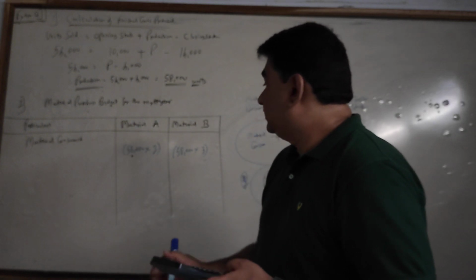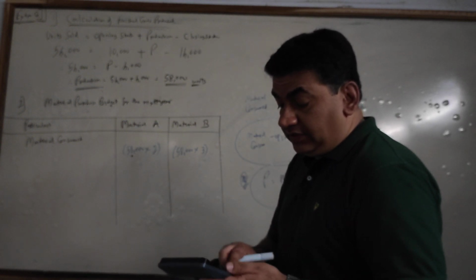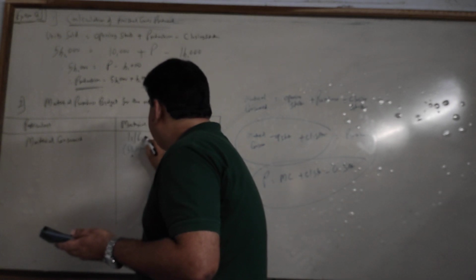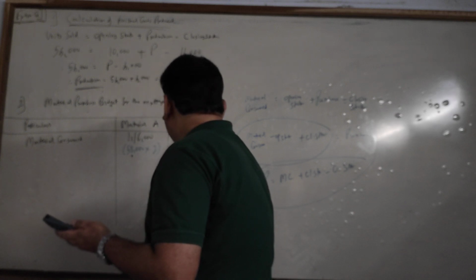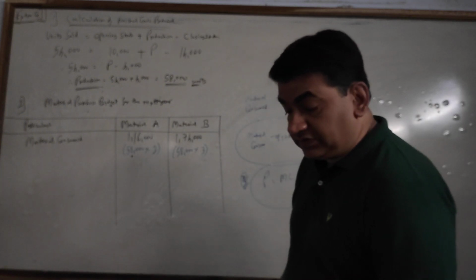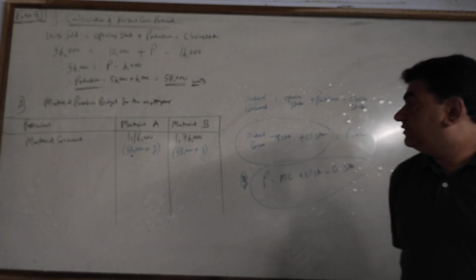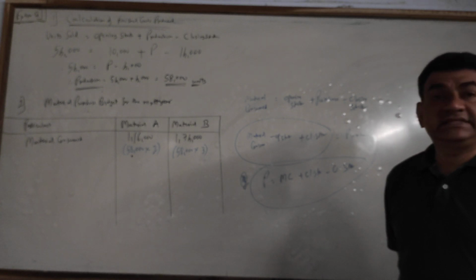So show the calculation. 58 into 2, 1,16,000. 58 into 3, 1,74,000. Okay, 58 into 2 and 58 into 3, that gives you 1,74,000.